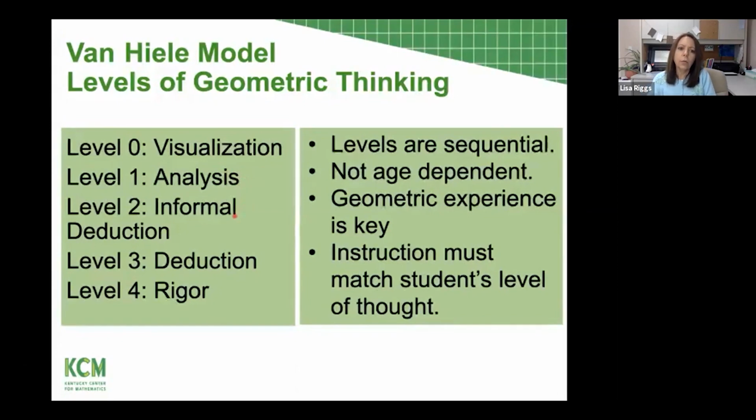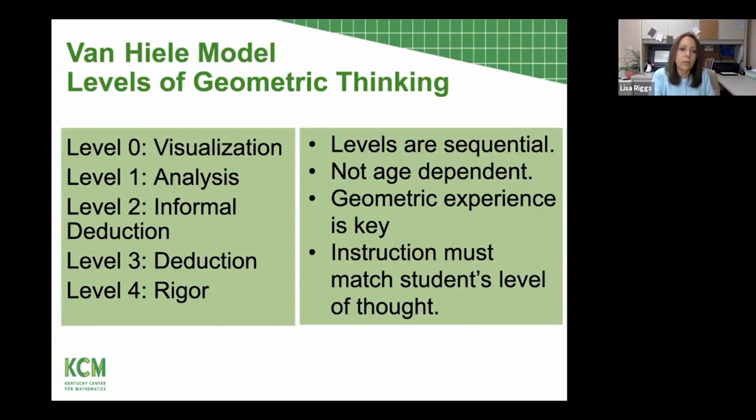So that informal deduction is when students start making observations that go beyond the properties themselves and start to focus on logical arguments about their properties. So realizing what makes a square a rectangle, and that all squares are rectangles, but not all rectangles are squares. Making those types of arguments is that informal deductive reasoning that they can have.